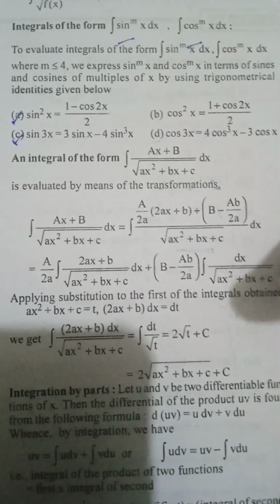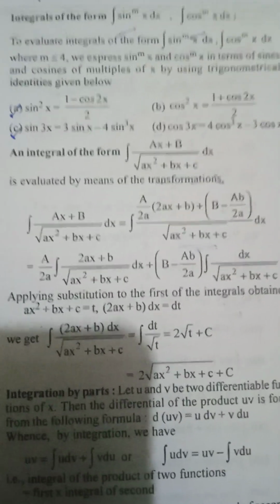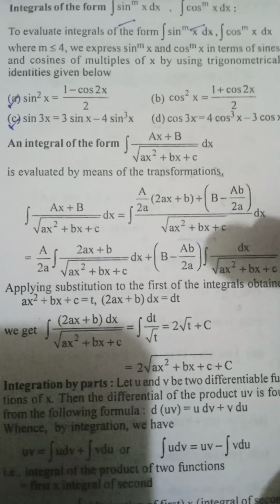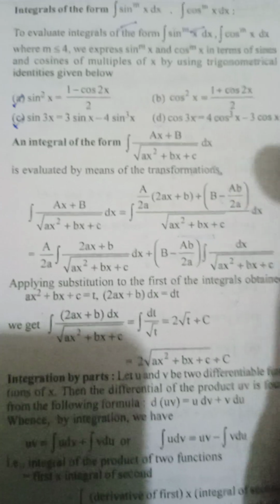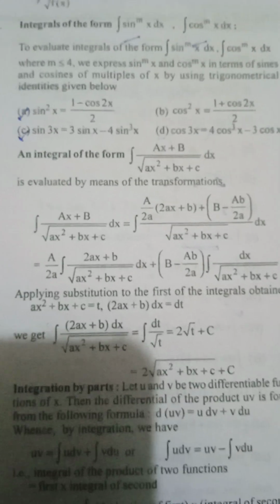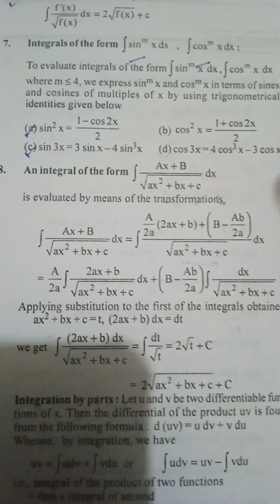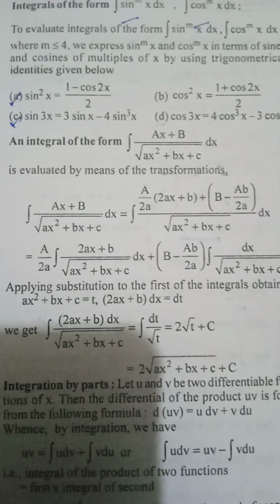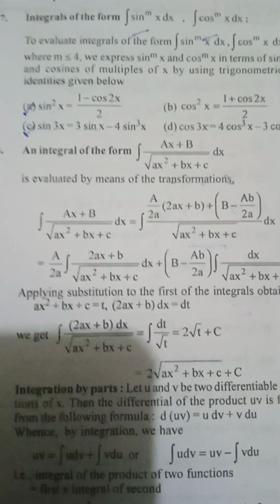Whenever you find such a problem, an algebraic expression in the numerator and a quadratic expression under the square root in the denominator, you can simply take twice the square root of this quadratic, plus c, as your integration answer. Whenever you find such problems in objective questions, you can directly put down your answer.